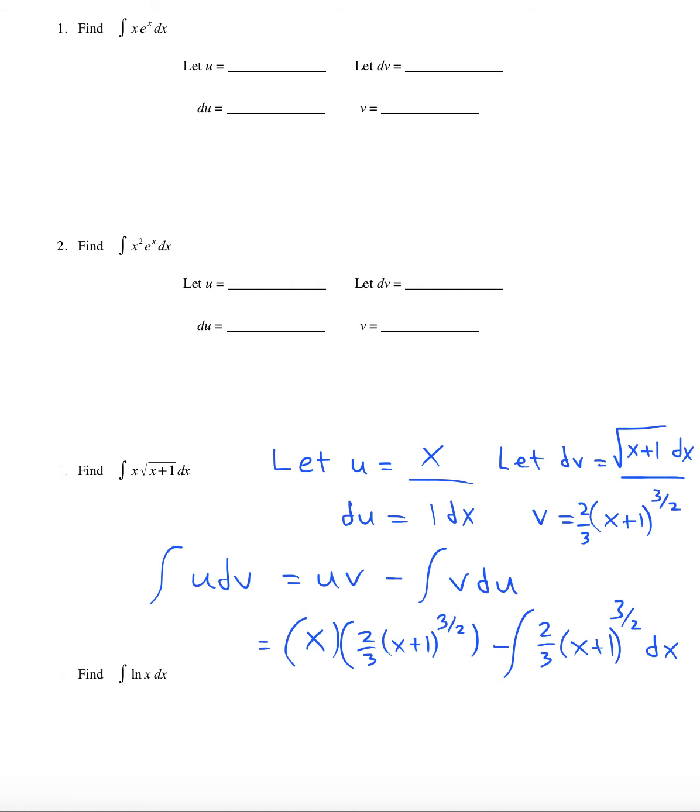Okay, this one's not too bad. Let's see, we'll try to simplify a little bit. 2x over 3, x plus 1 to the 3 halves.